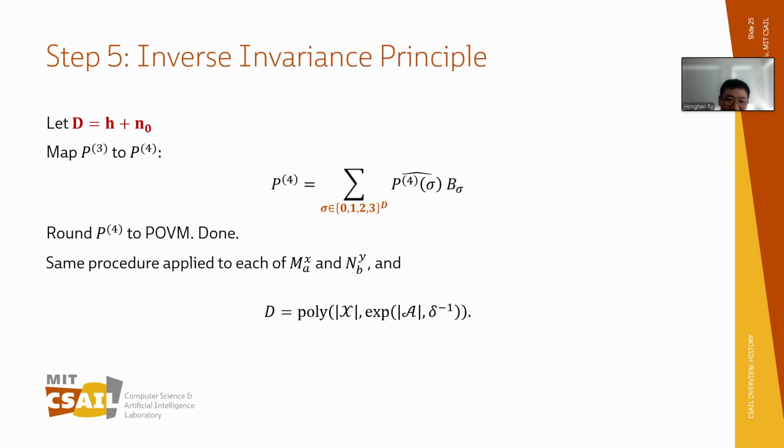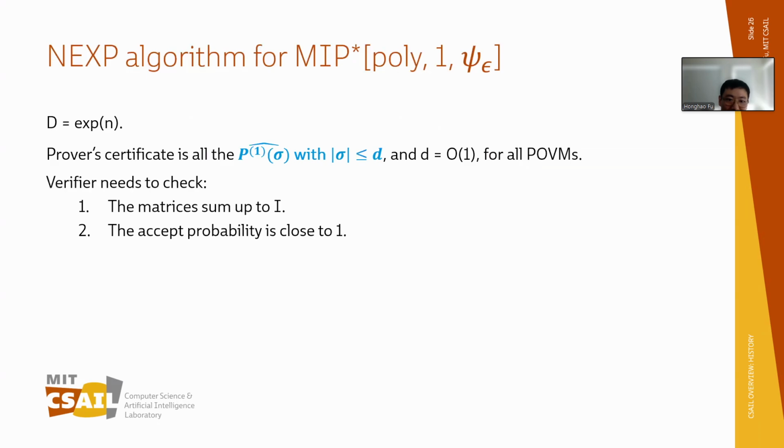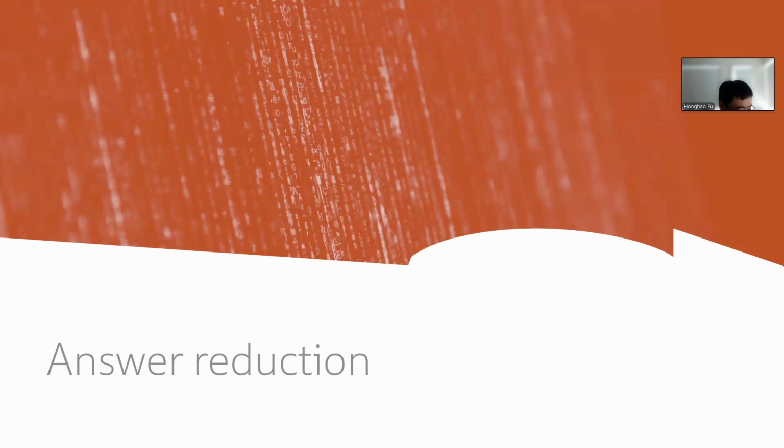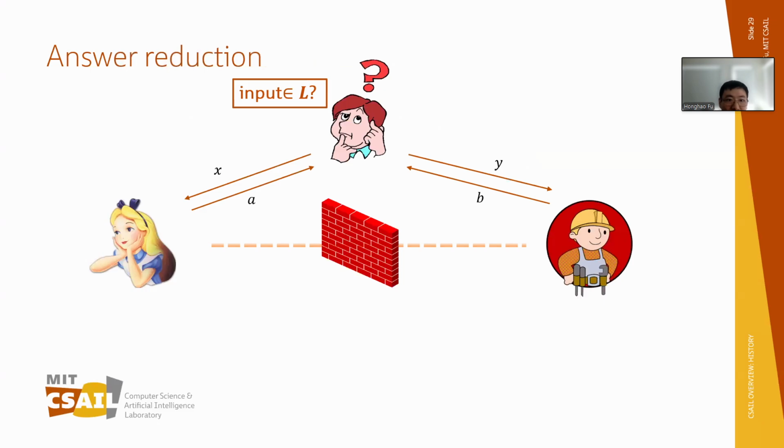Okay, next, let me talk about the answer reduction part. In a general MIP protocol, let's recall that the verifier wants to determine if some instance, which we call the input, is in the language or not. It's going to ask polylength questions, and then receive polylength answers.